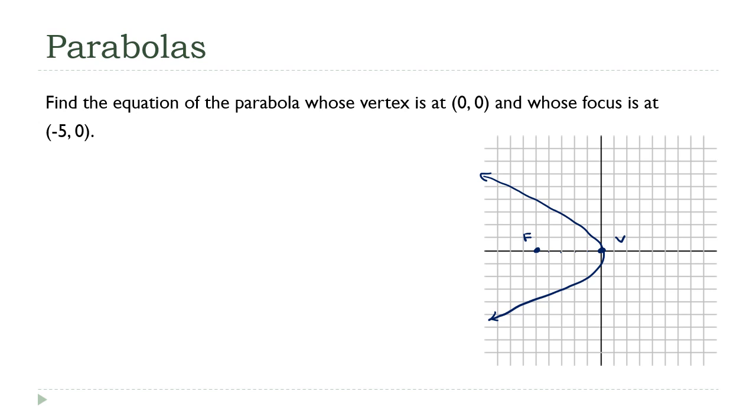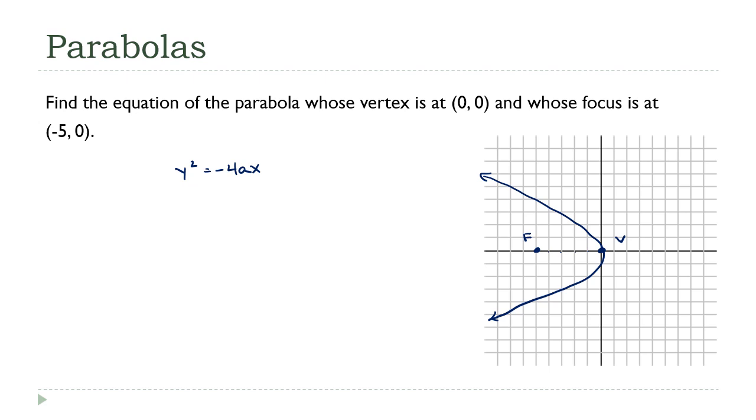What is the general equation of a left-facing parabola? Well, the left and right ones have a y squared and an x, and the left one has the -4a. All right, so all I got to do is figure out a, and I'm home free.